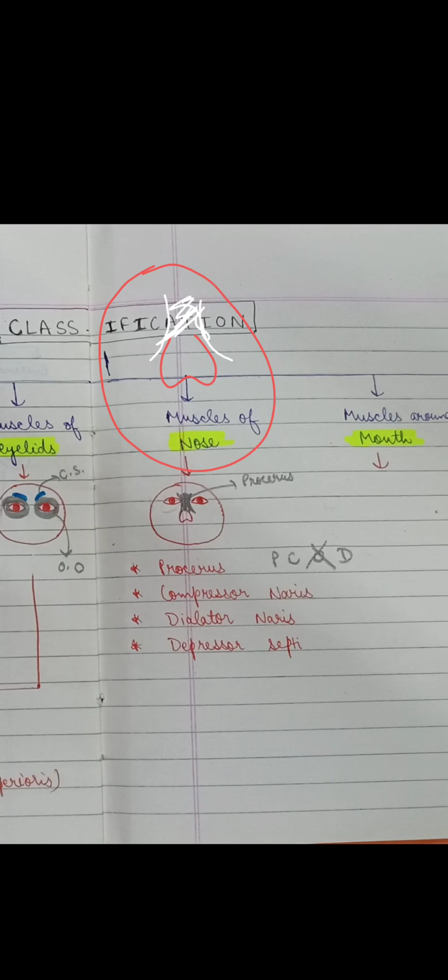Besides this, you have compressor naris. Compressor naris, as the name indicates, are muscles that will compress your nasal aperture. Antagonistic to it, you have another type of muscle fibers, and that is dilator naris.